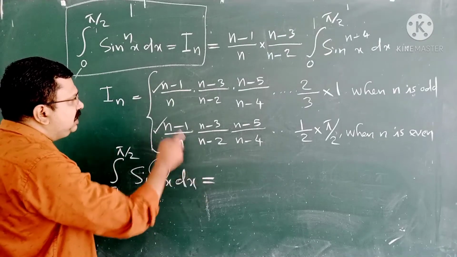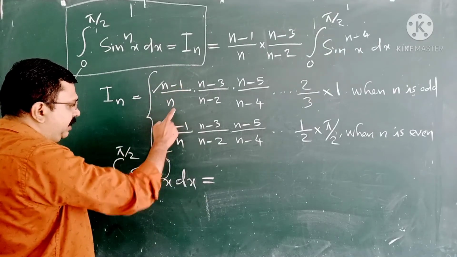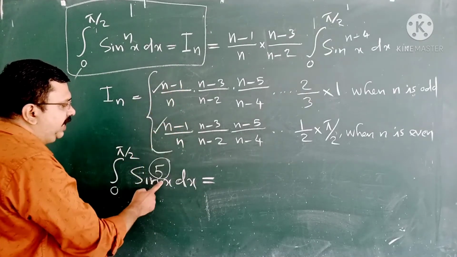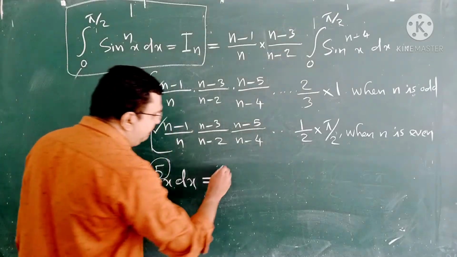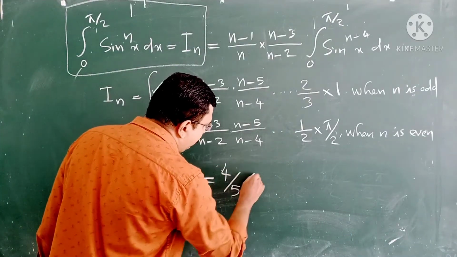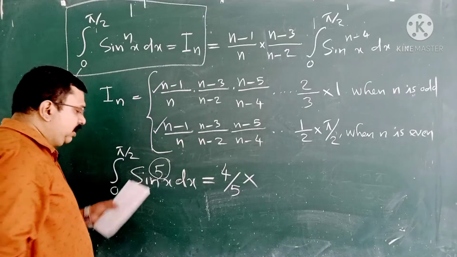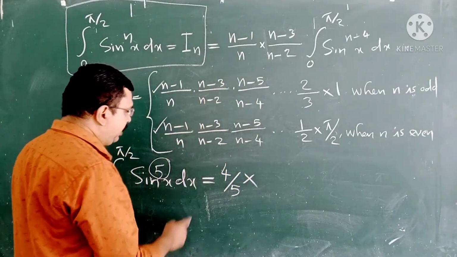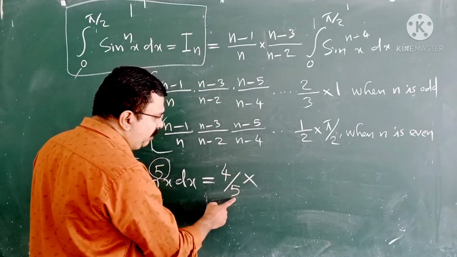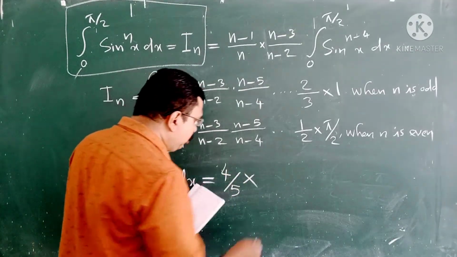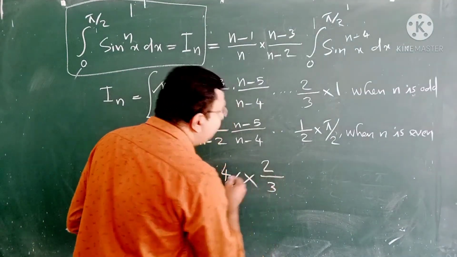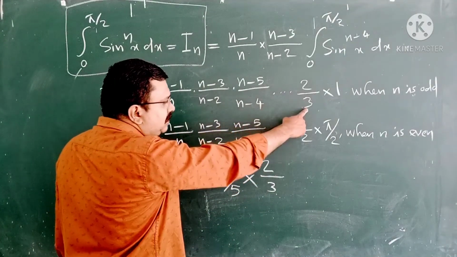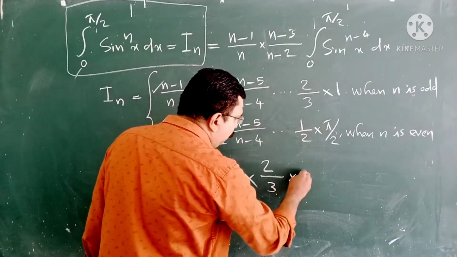Therefore the final answer is n minus 1 by n. 5 is our n, therefore 5 minus 1, that is 4 by 5, into the next one, n minus 3 by n minus 2, that is 5 minus 3 by 5 minus 2, which is equal to 2 by 3. Remember that 2 by 3 is the last term, into 1.